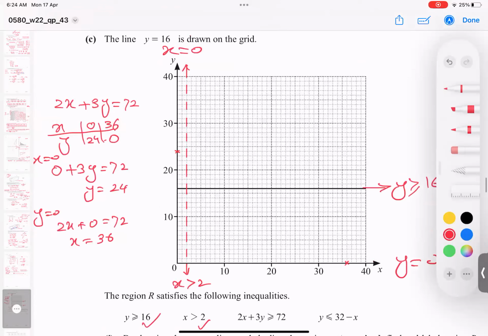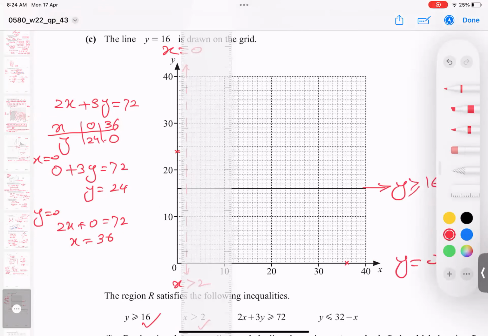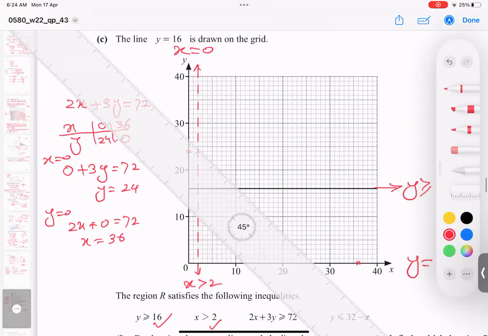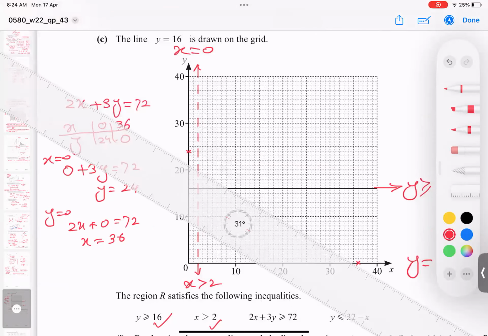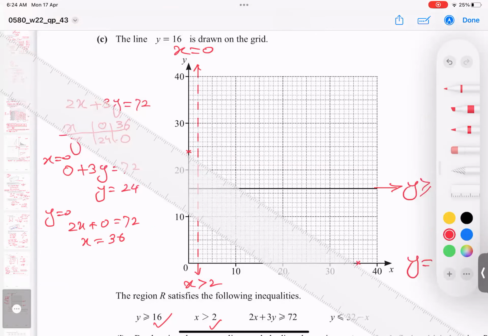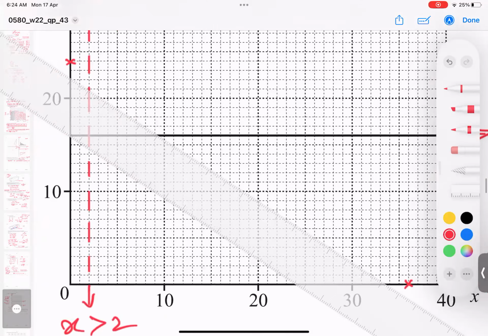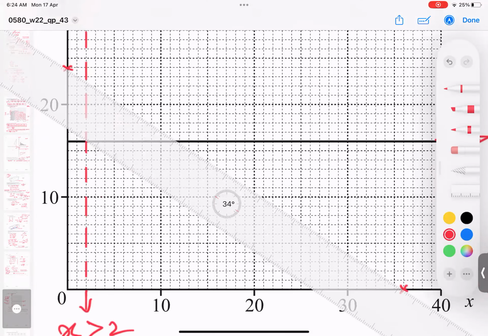Now I will take a scale and draw both. So have a look. Let me zoom in a little bit, and try your best to be close to accurate.